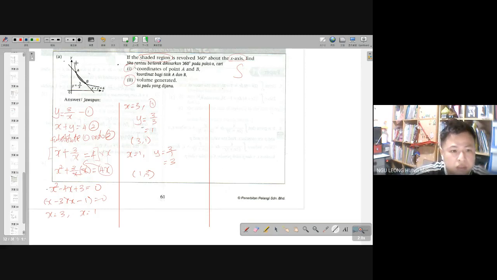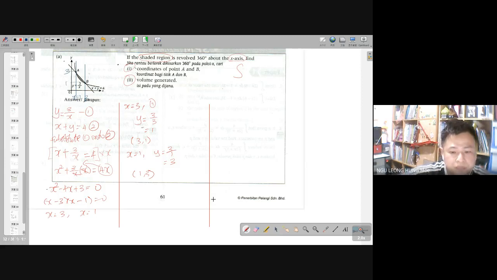Okay, that means I draw the equations like this. The first one, this one is x equals 1, y equals 3, and this one is 1.